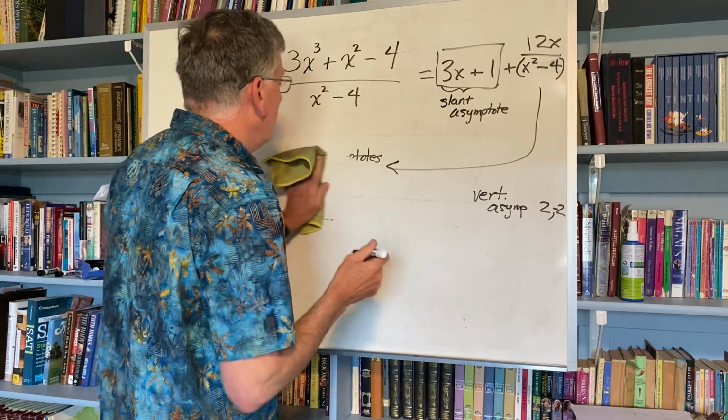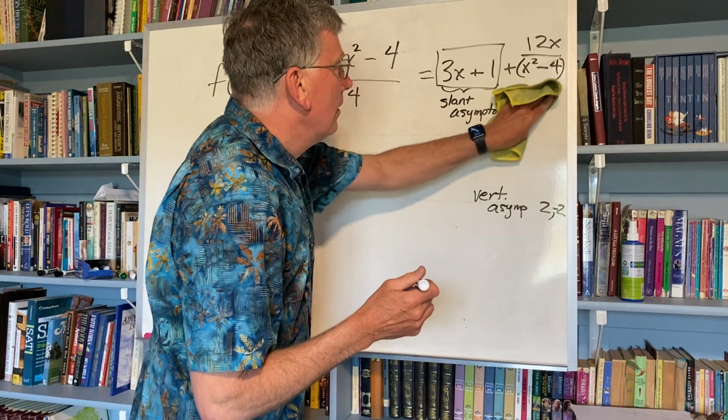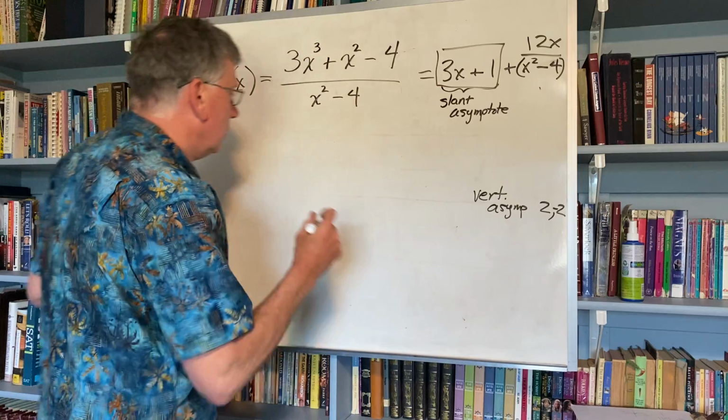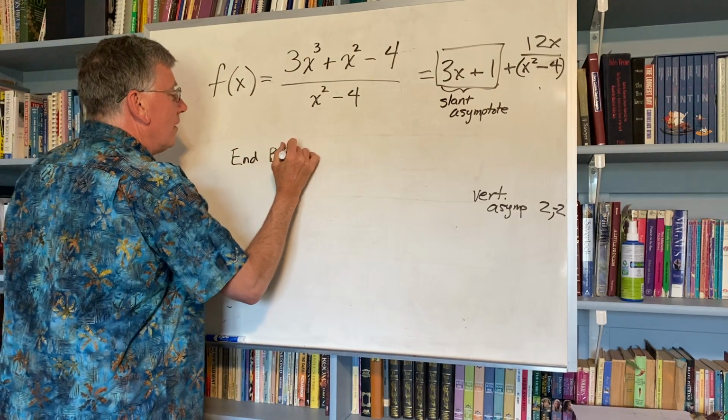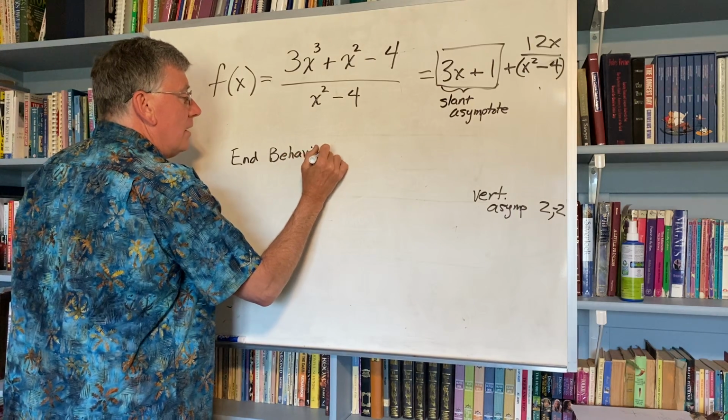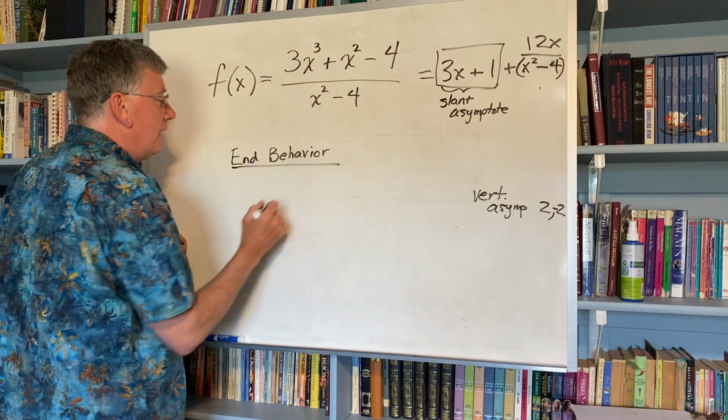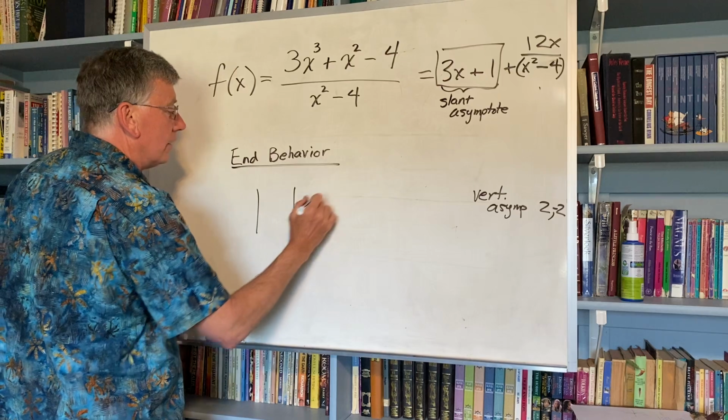Now, I quickly want to check my end behavior. This was just a little bit of head math for everybody, and we're going to do it again here. I'm going to make a little chart.